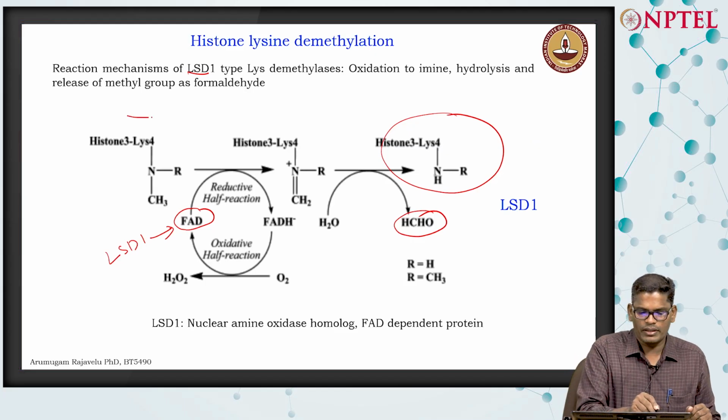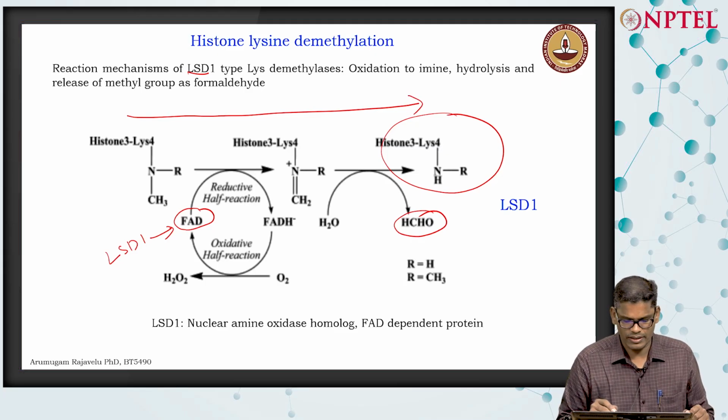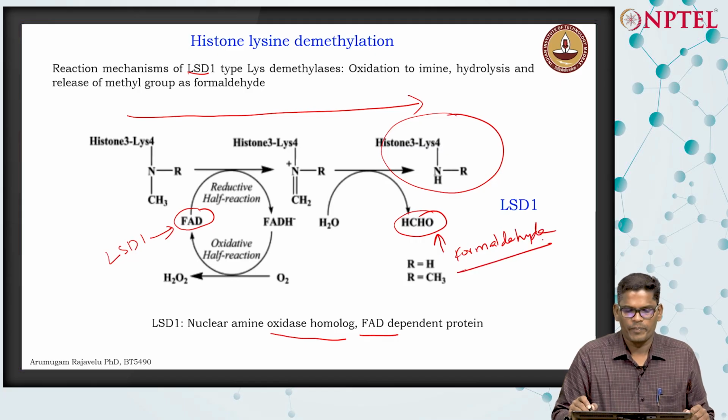So for Me3 it's simple: it is an oxidation reaction, by an oxidase enzyme which is primarily FAD dependent. The byproduct is formaldehyde. It is a single direct conversion.